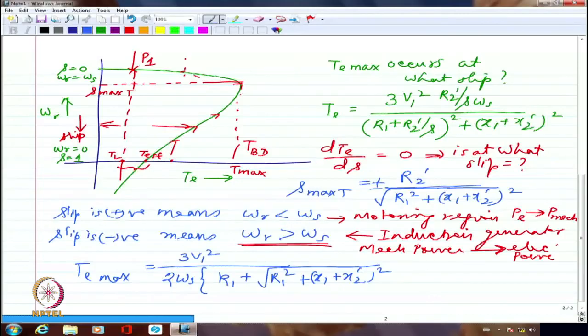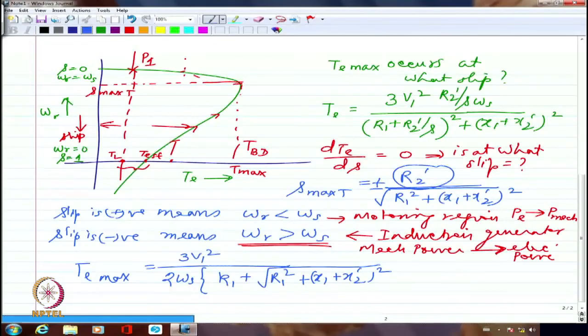But TE max does not depend upon R2. It rather depends upon R1 and X1 plus X2 and so on and so forth. Right? But the slip at which the maximum torque occurs, that has R2 in the numerator.